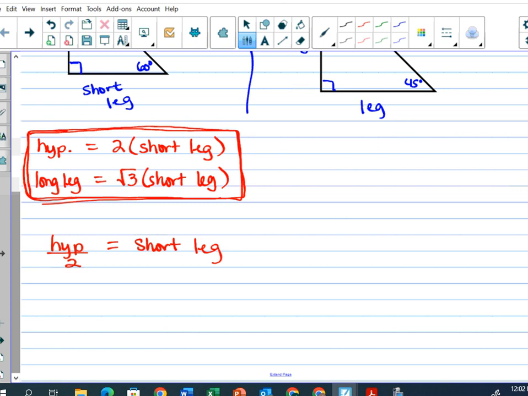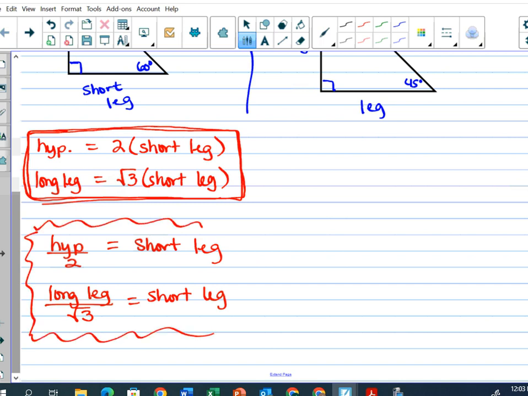Or if I'm looking at the long leg equation, long leg divided by root 3 is your short leg. So those are kind of just extra. You can always get there algebraically, but they're helpful.